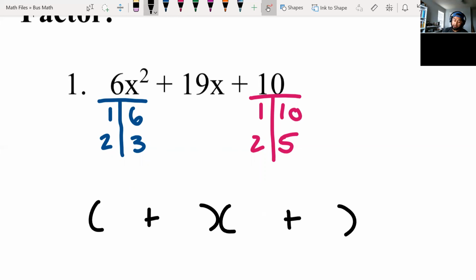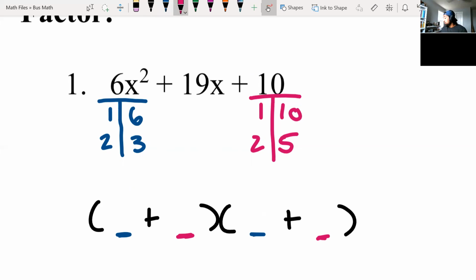So the factors of the leading coefficient will go into the first positions in our binomials. The factors of the constant will go into the second position of my binomials.